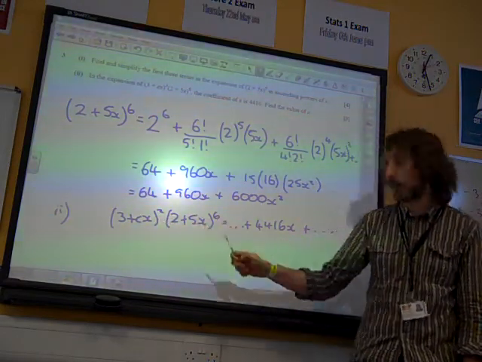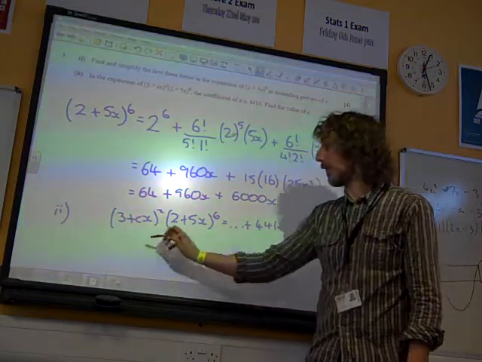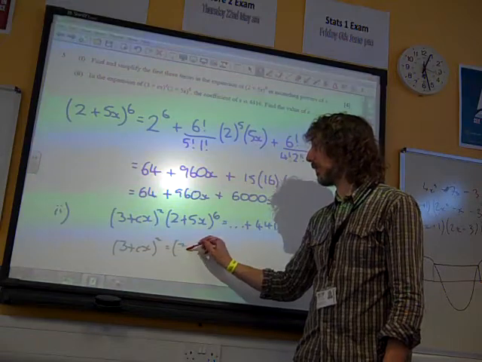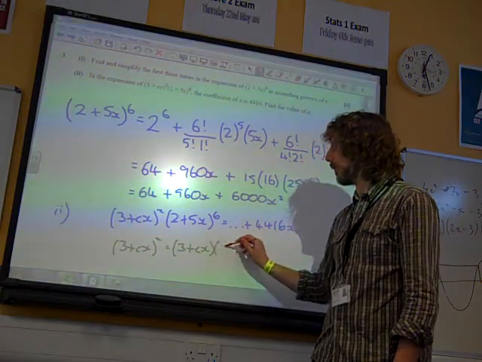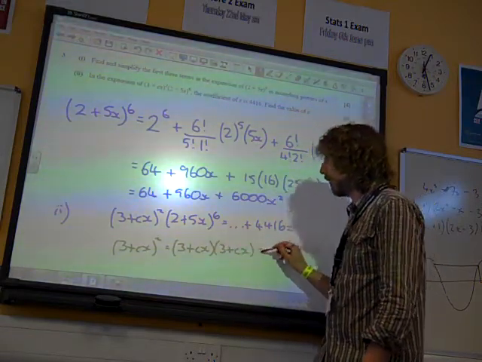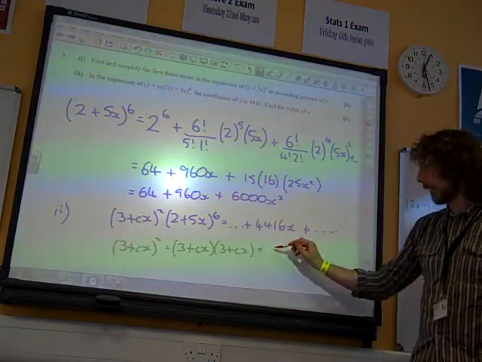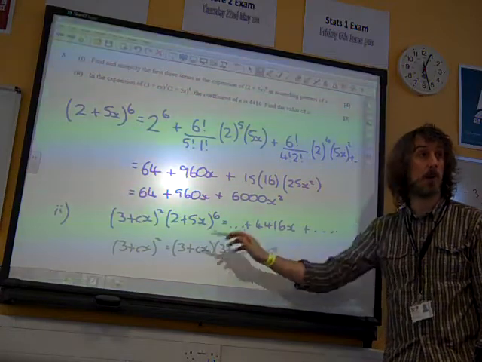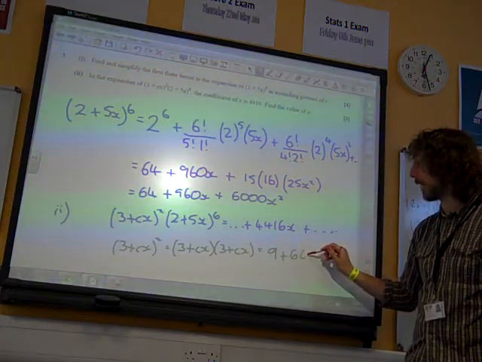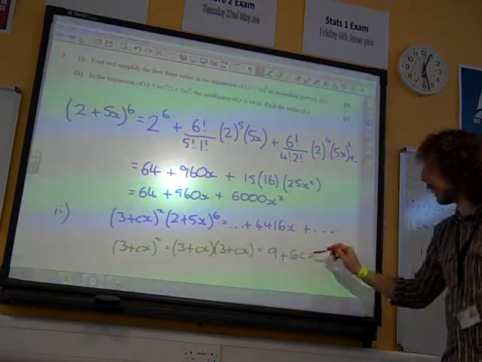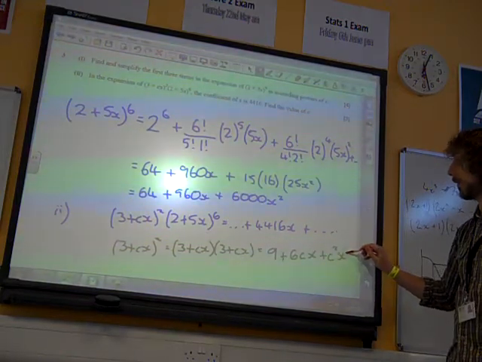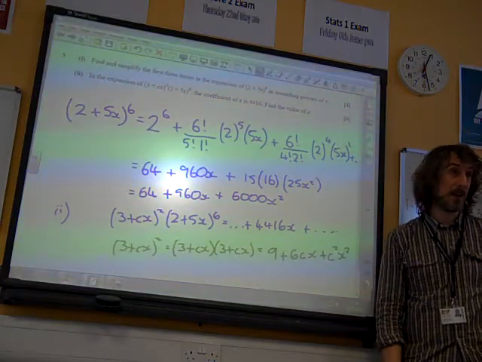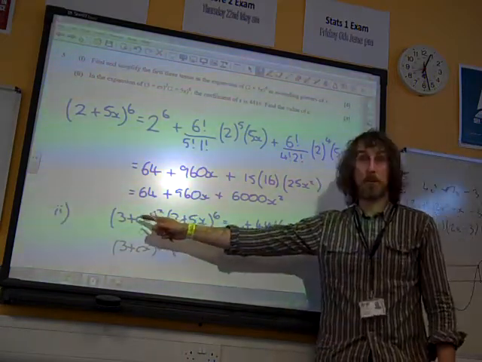So before we do anything else, I'm going to deal with that squared. (3 + cx)^2 means (3 + cx) times (3 + cx), which means 9, 3 3s, plus 3cx plus another 3cx, so plus 6cx plus c^2x^2. So, I've expanded that first bracket.